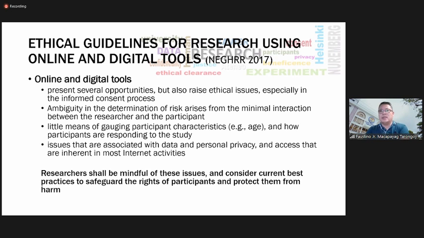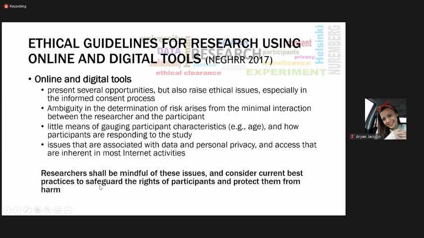Because you cannot verify the identity, for example the age, of your participant, because you're only relying on their online presence, so there's a lot of ambiguity, and therefore risk, because of that minimal interaction.